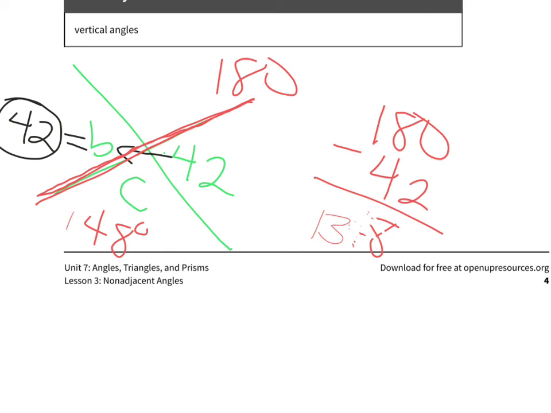So this is 138. So even teachers make mistakes. So let's go. So B for number 1 is 42 degrees. C for number 2 is 138. And if we add those together, we should get 180, which we do. So 1 is 42. 2 is 138.